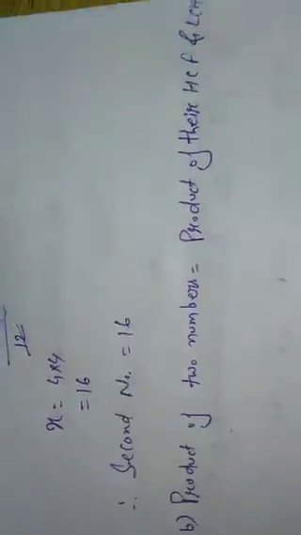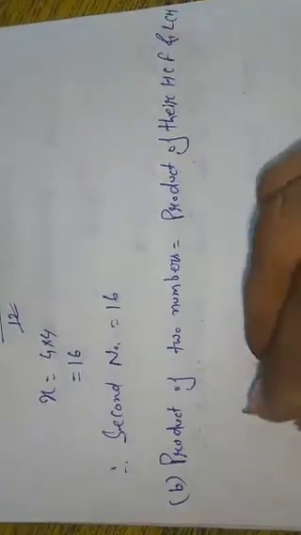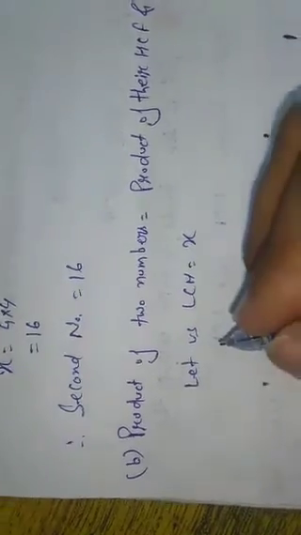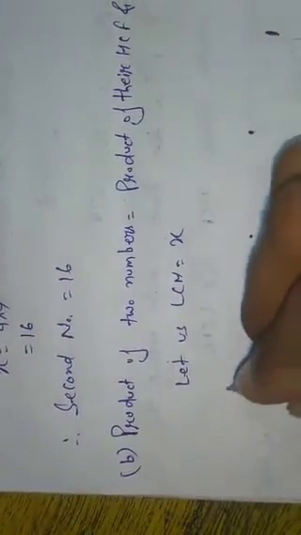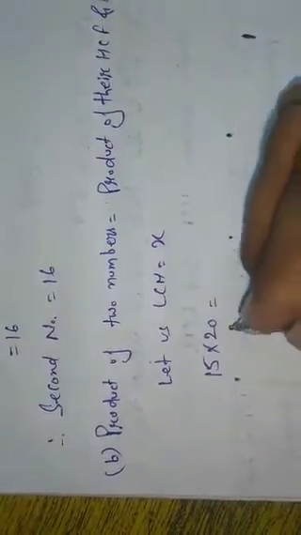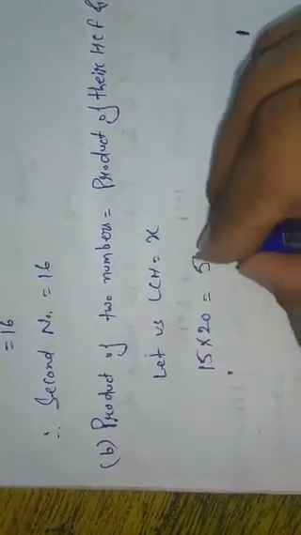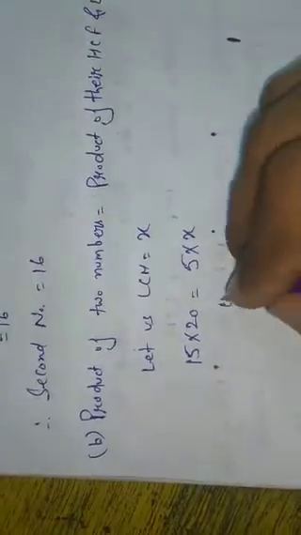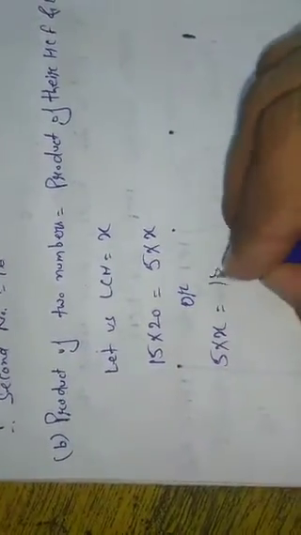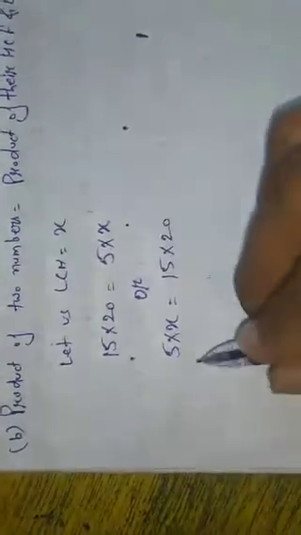LCM is not given, so let LCM be x. The numbers given are 15 and 20, so 15 into 20 is equal to HCF 5 into x. You can also write it as 5 into x is equal to 15 into 20.